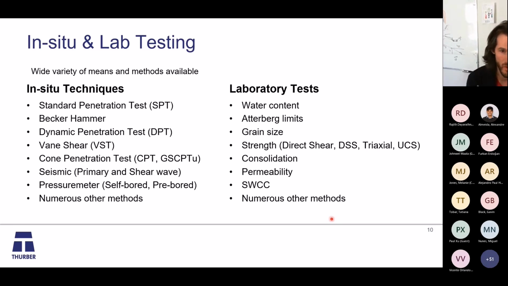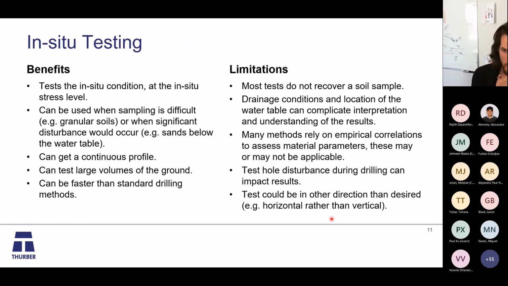Lab testing, very simple: water content, limits, grain size, strength testing, direct shear, direct simple shear, triaxial, UCS, consolidation, permeability, soil-water characteristic curves. There are so many different tests. And there are resources to help you plan which tests to use. I think, again, it comes back to this context. We'll work through this with an example here in a bit.